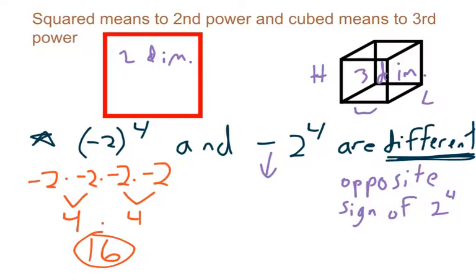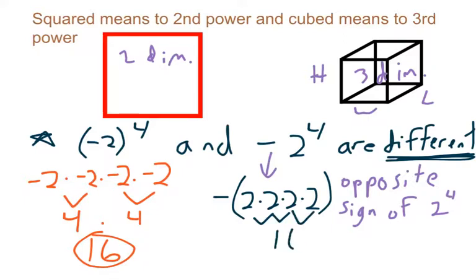So this would look like this. We would have a negative, and then I'm just going to do the 2 times 2 times 2 times 2. I'm going to get that answer, and I know 2 times 2 is 4, times 2 is 8, times 2 is 16. So that's 16, and then I'm going to bring that negative sign down.